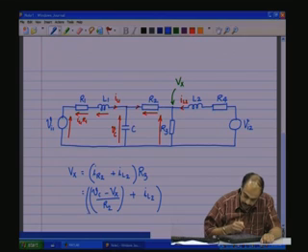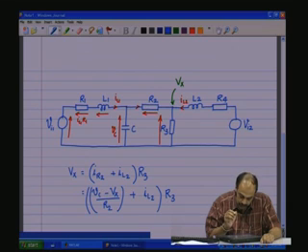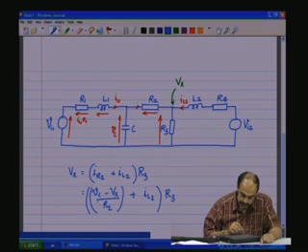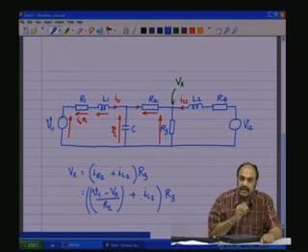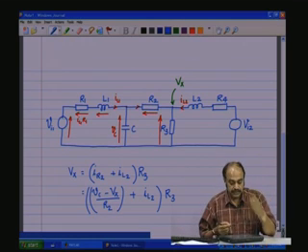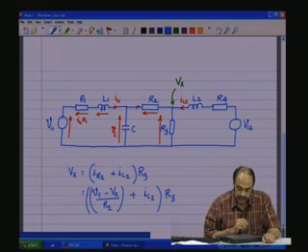This whole thing into R3 is Vx. Now, if you see, Vx is the only variable here in this equation, and then Vx can be expressed as a function of Vc and IL2, which are again state variables. So, basically Vx can be expressed as a function of the state variables.